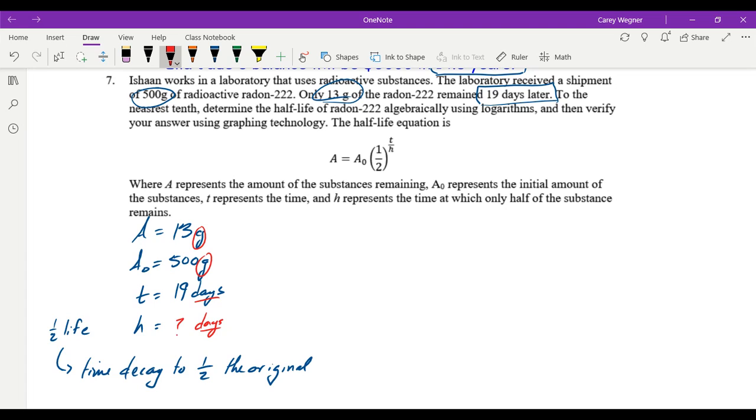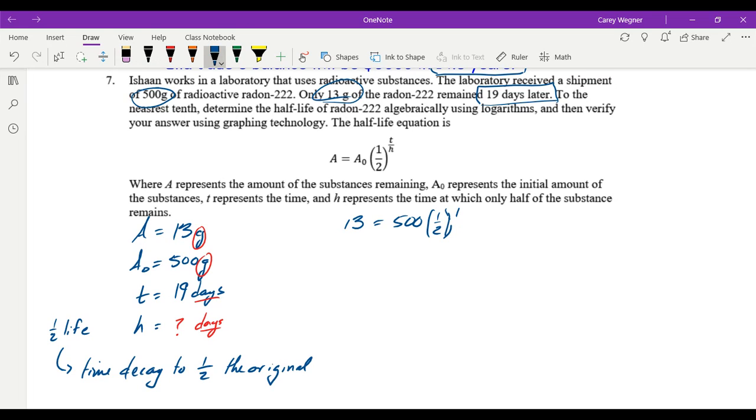So we want to solve for what the half-life is. So let's set up our equation. Our future amount, 13 grams, is equal to our initial, 500, times a half to the exponent 19 over h. That 19 is a little bit hard to read. Let me just rewrite that.